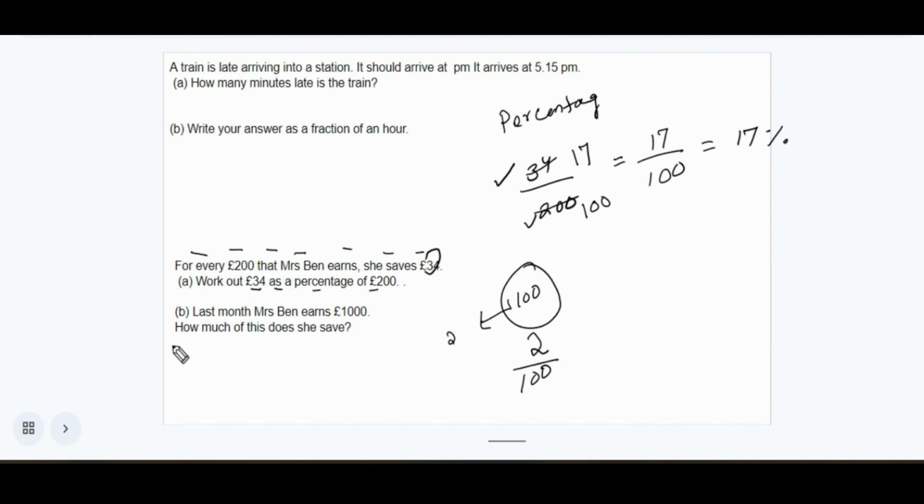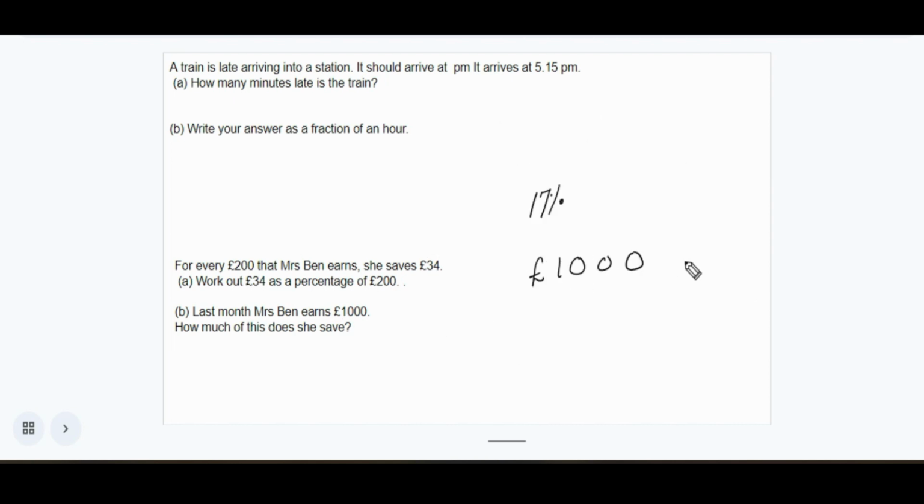Now look at the second part of the question. Last month, Mrs. Ben earned £1,000. How much of this does she save? How much will she be saving? 17%, right?